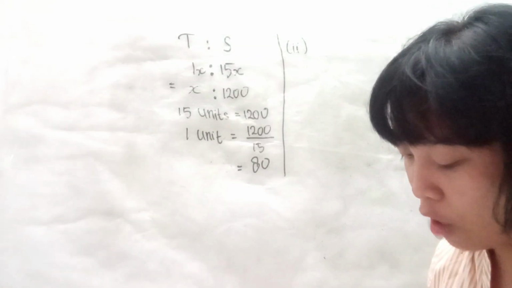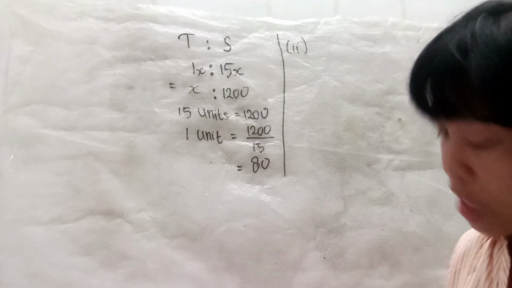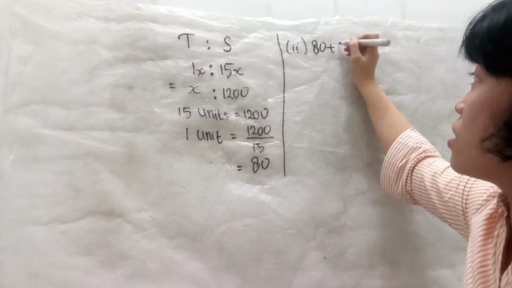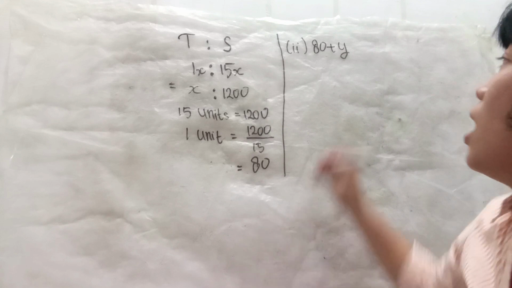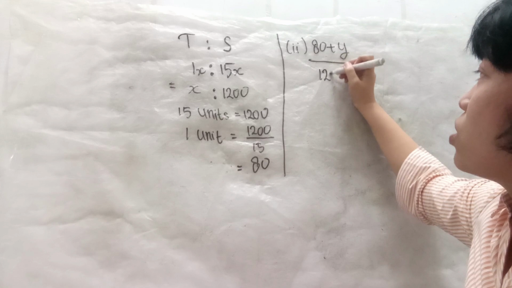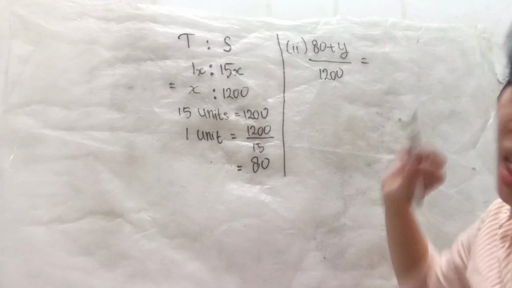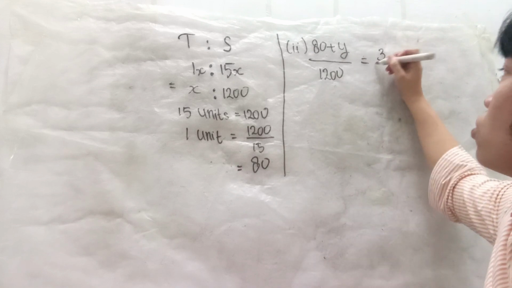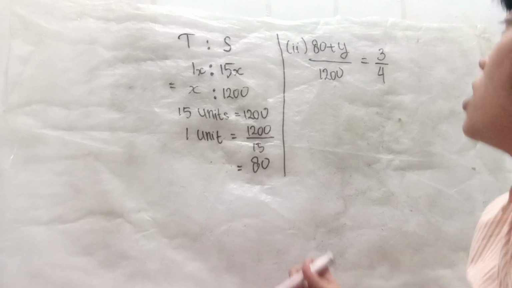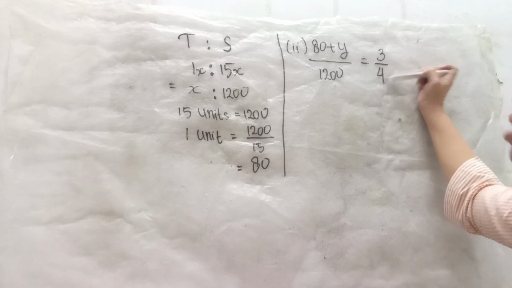Just say the number of teachers who joined the school, there are Y. So in the beginning is 80 plus Y. And then the students, it's not changed, it's still same, 1,200. So teachers to students, the new ratio is 3 to 40. Yeah, so this is ratio, teachers to students.